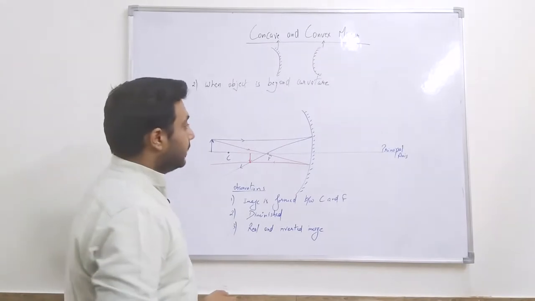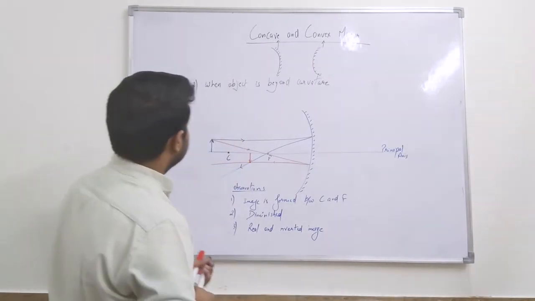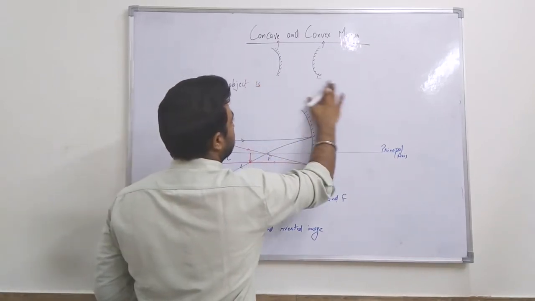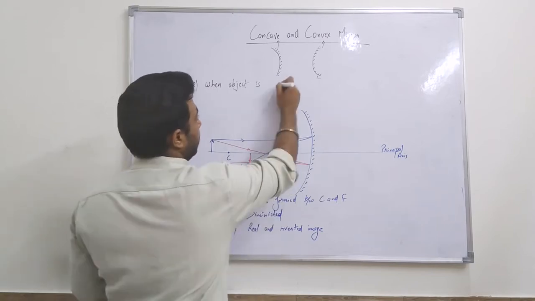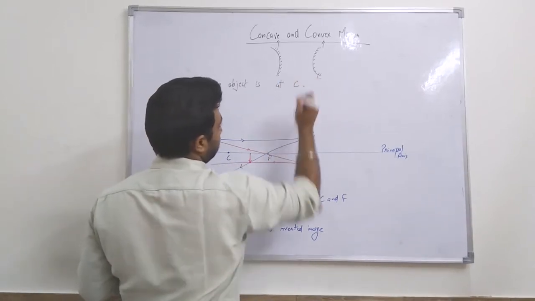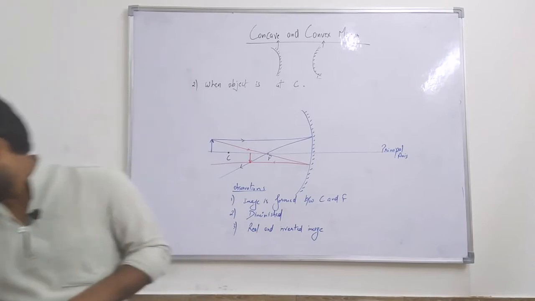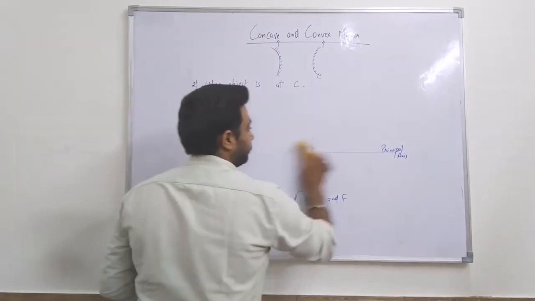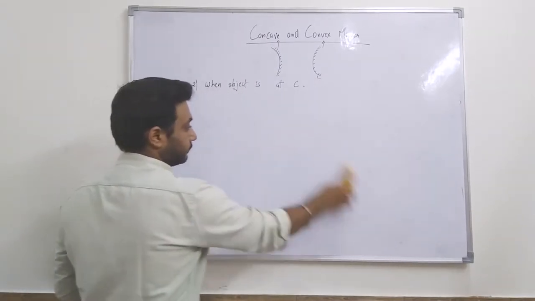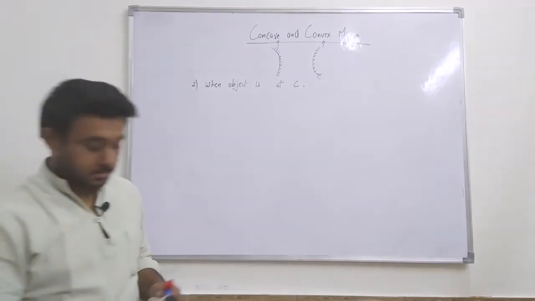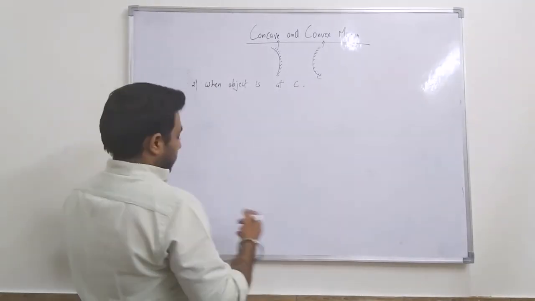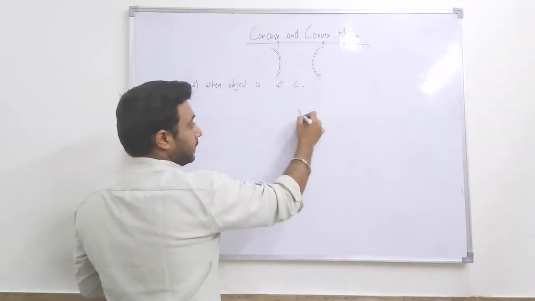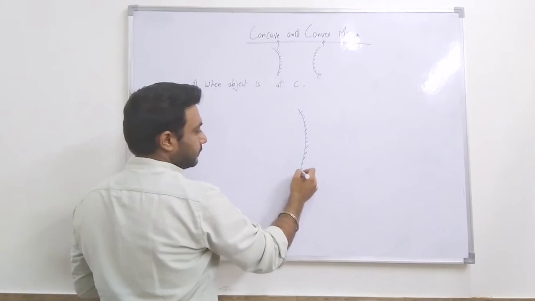This was the second case. Now next case, when the object is at the curvature. The object is at C. Again, we have to make this concave mirror.